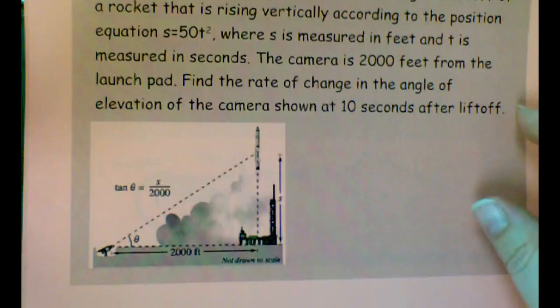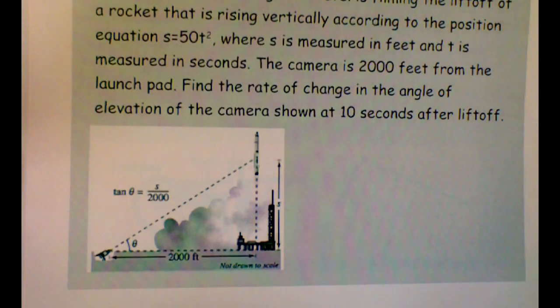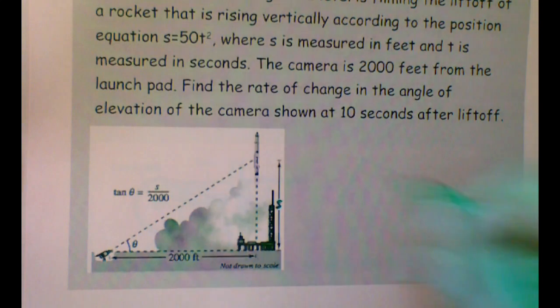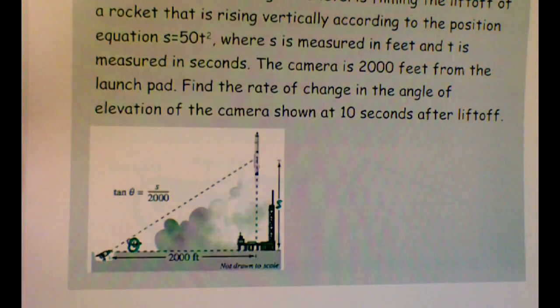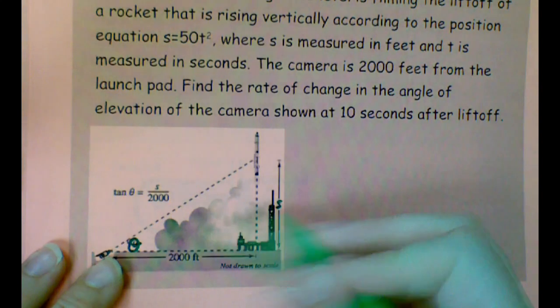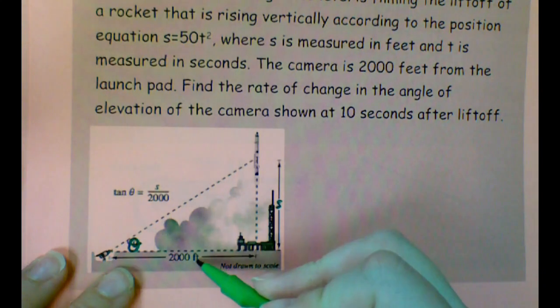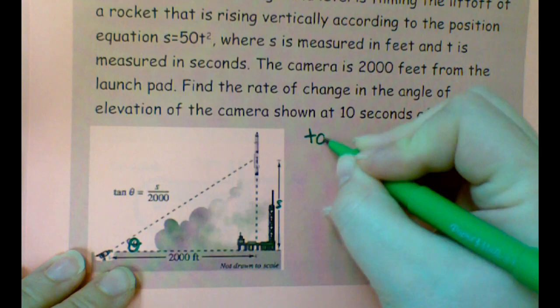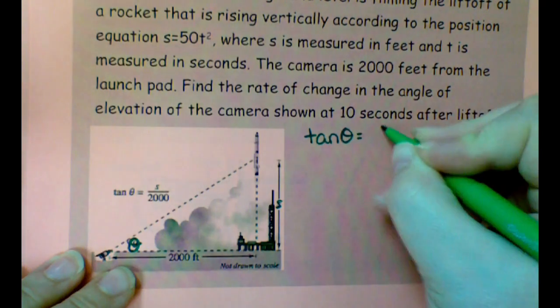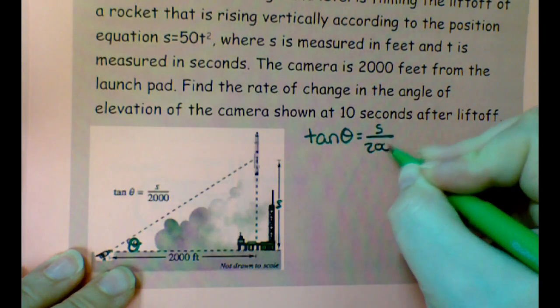So given our picture here, we are going up s, and I care about the rate of change of theta, the angle. So let's first relate s and theta. Well, if I know this 2,000, I know opposite over adjacent. I know the tangent of theta equals s over 2,000.